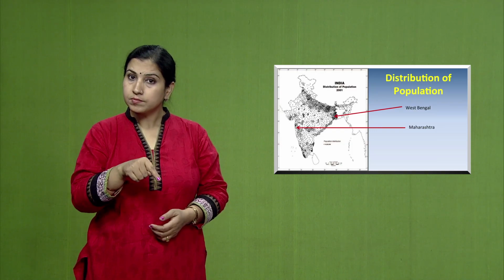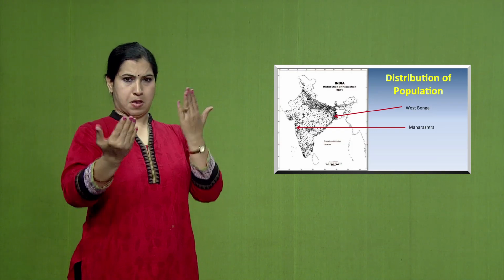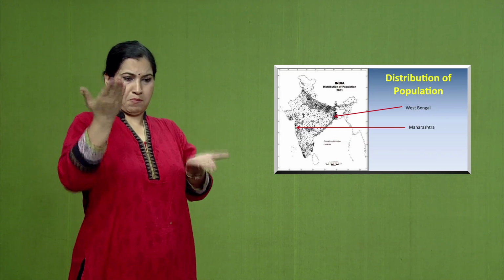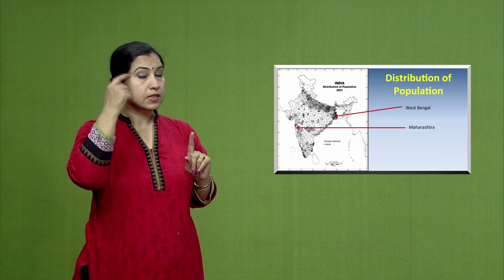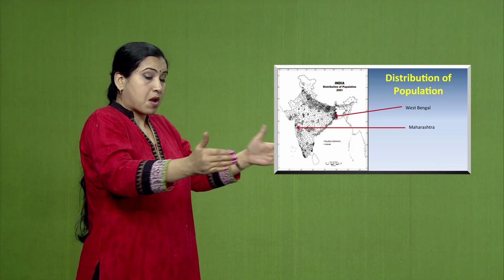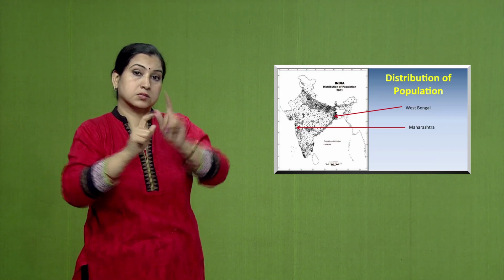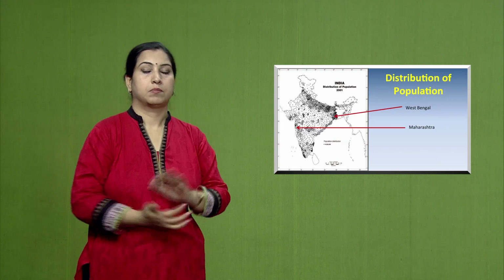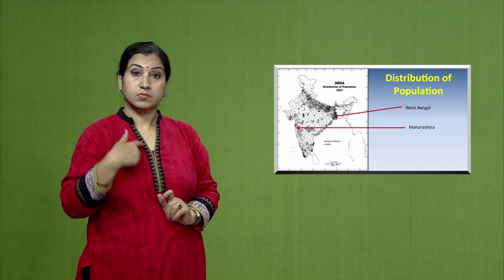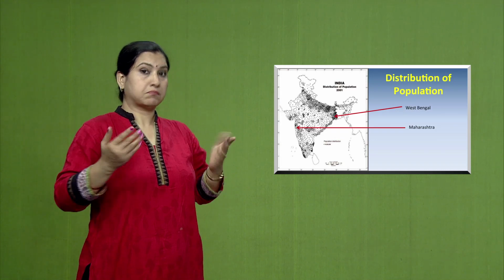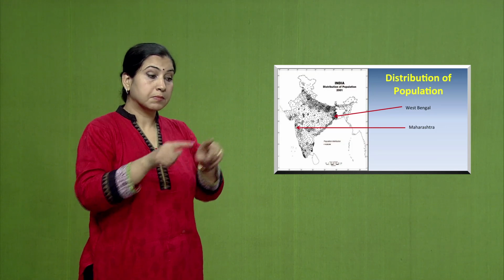Hence, we cannot compare the population situation of two states in terms of only the numbers without considering their areas. That is why the comparison of population of regions and countries is done through density of population.